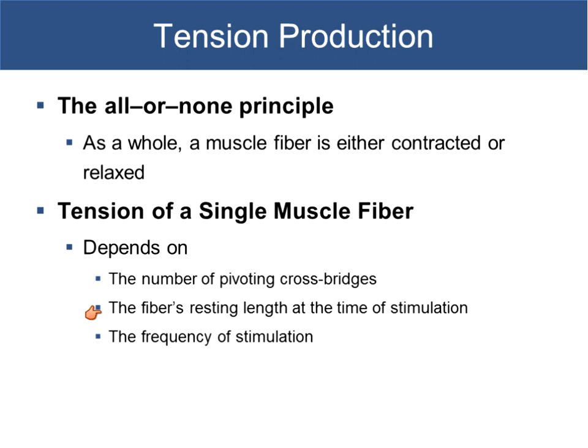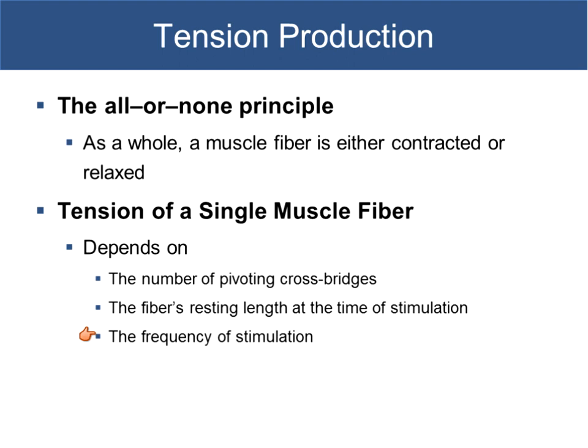Any sarcomere where the resting length is too long is not going to form enough cross bridges, so you're not going to get a nice, strong contraction. Any place where there is too much overlap between the actin and the myosin filaments is not going to give you a very strong contraction either. In fact, I'm going to show you a laboratory with a frog muscle that shows that exact same thing. I'll show that to you in just a second.